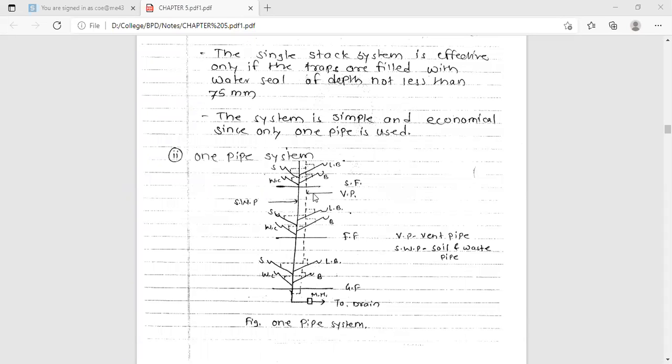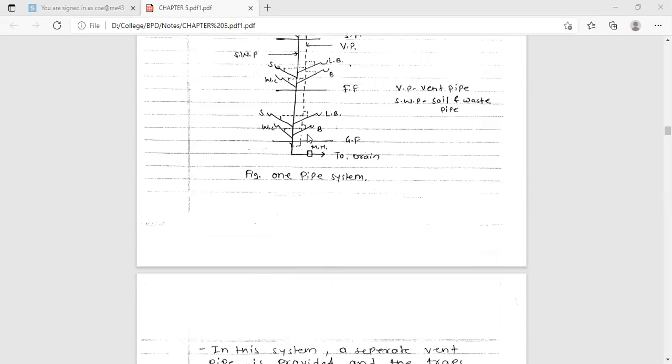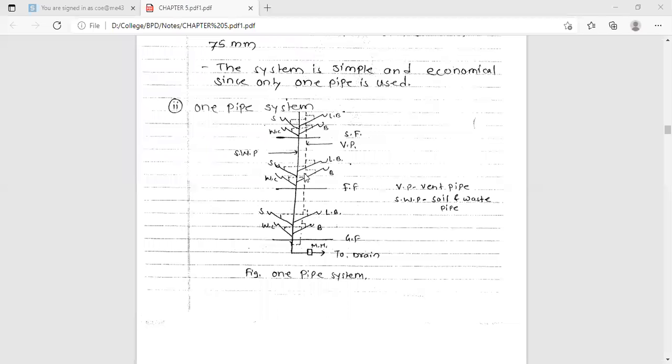And to get it done, whatever outlets are there, its connection is done to the vent pipe. Okay, here you can see in this way, to that vent pipe we are going to provide connection to each and every outlet.